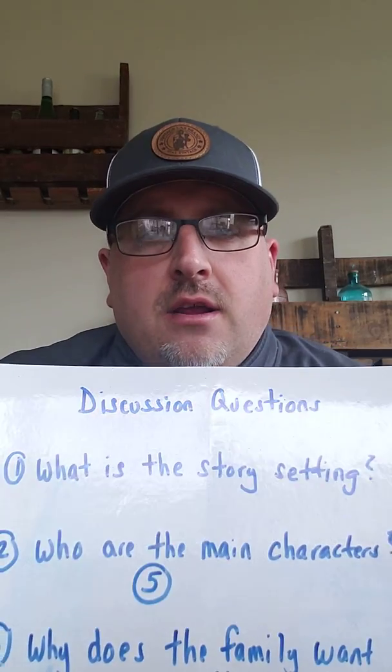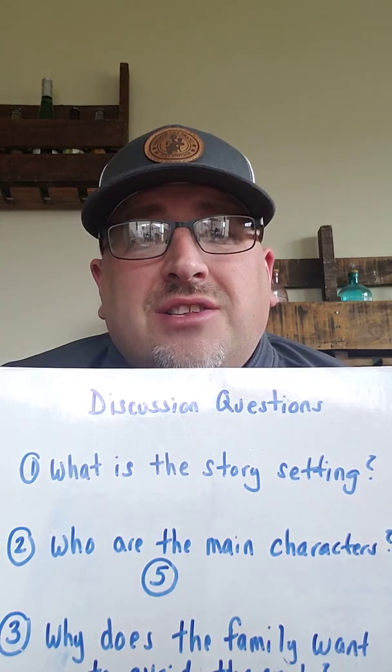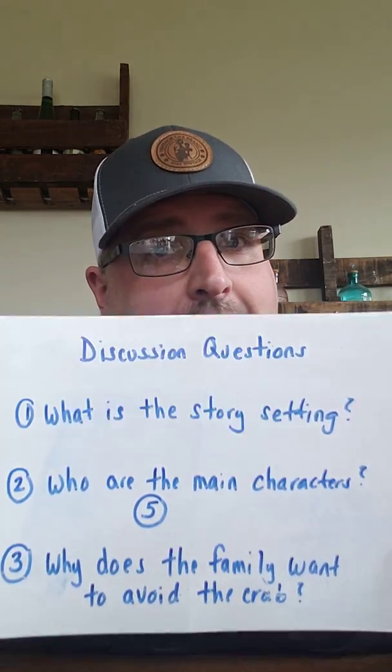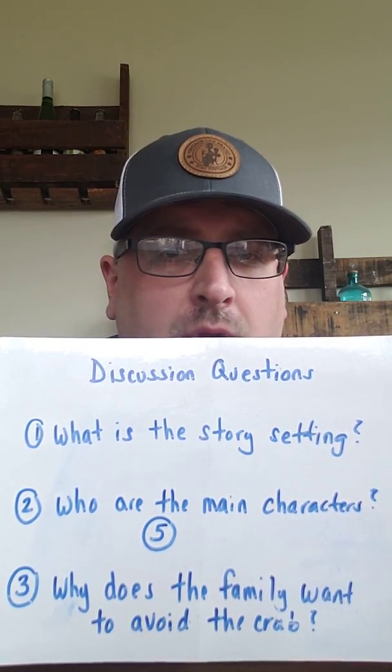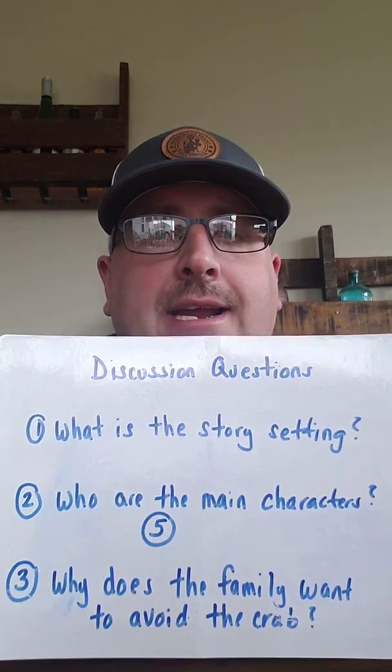So that brings me to our comprehension questions, or our discussion questions right here. All right? Number 1. Where is the story taking place? What is the setting? You should be able to know that. Where did the story take place? Think about that. Question number 2. Who are the main characters in the story?